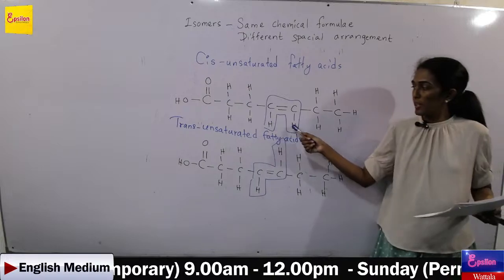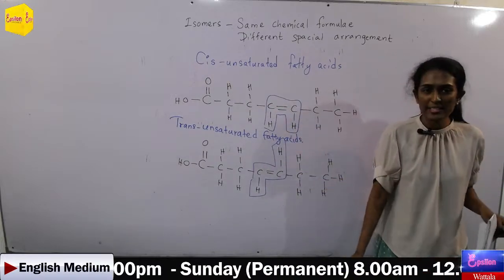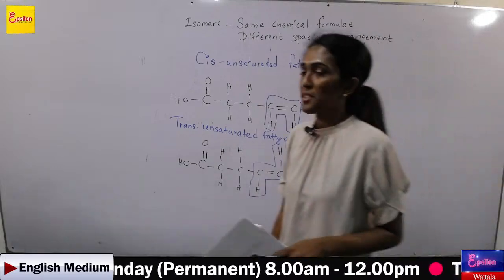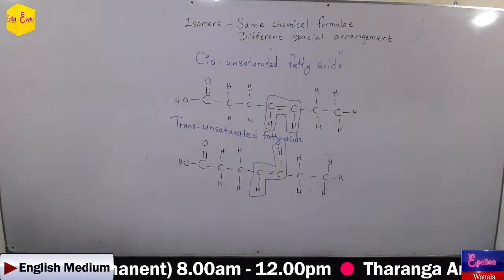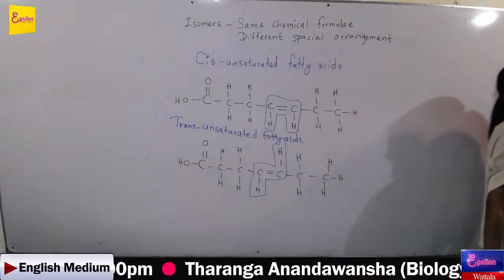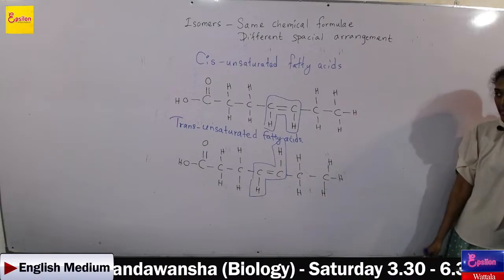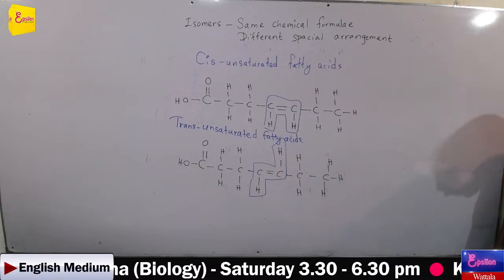If these two are on the same side, we call it cis. If they are on two sides, trans. Structures will be taught to you again in organic chemistry. You don't need to memorize how to draw these structures. Just remember the way that they are arranged.